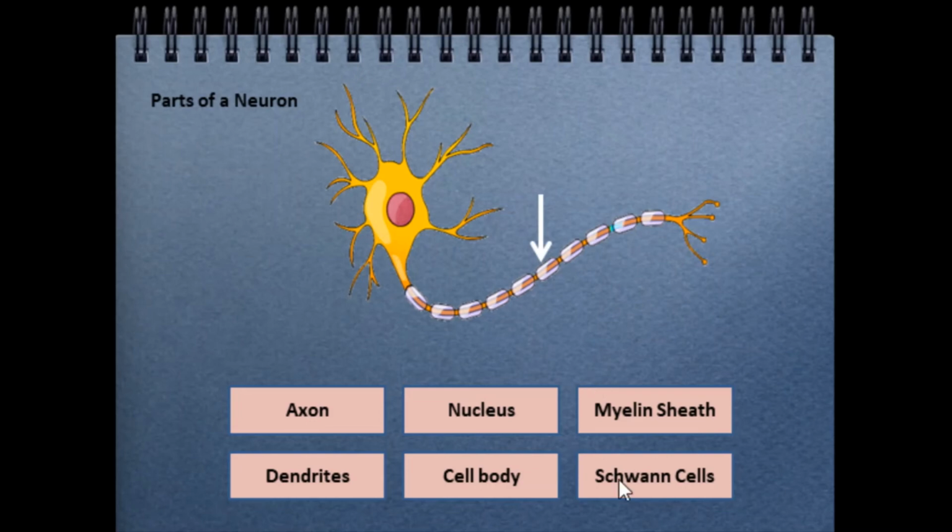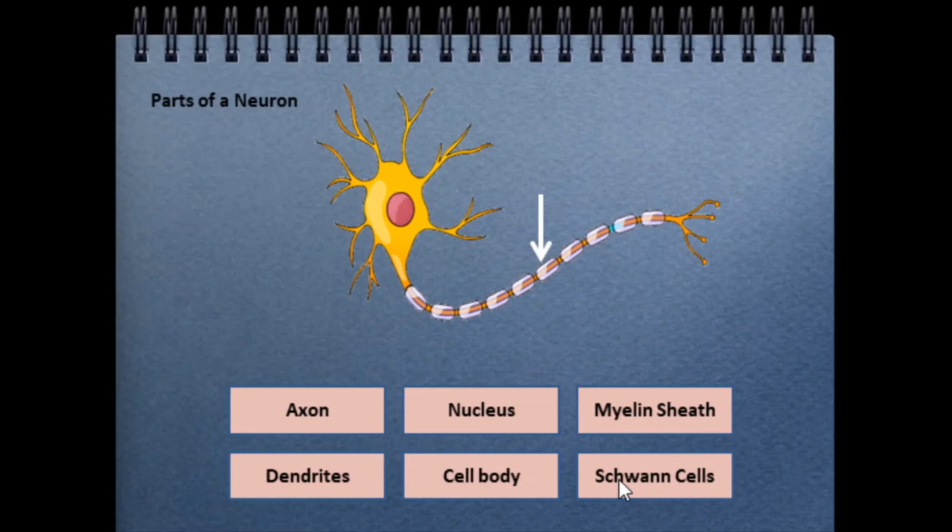Very good. The white capsule here is called Schwann cells. It gives gray matter to our axon to look like color gray. Schwann cells. Okay.